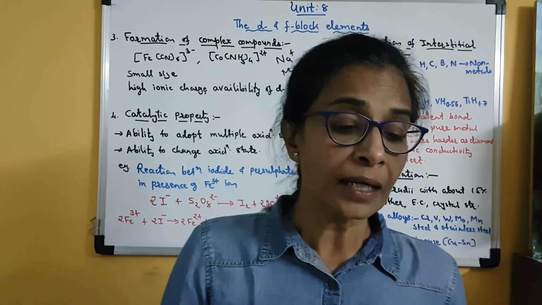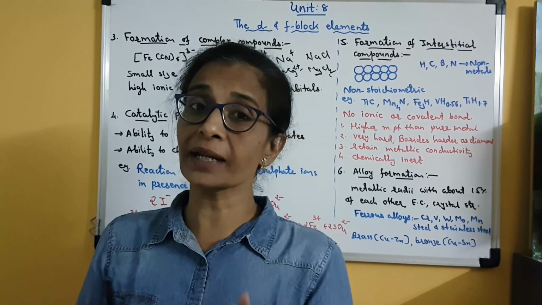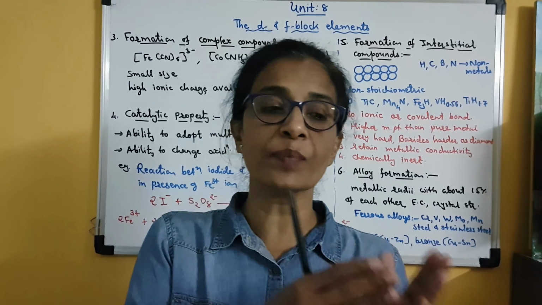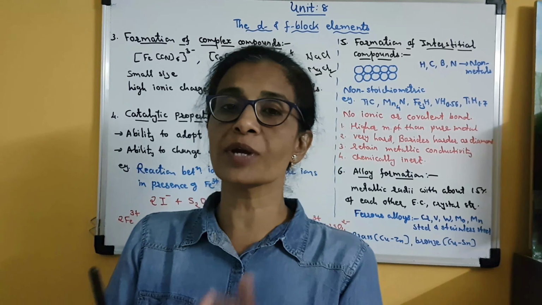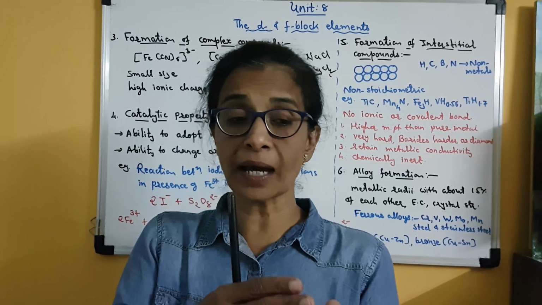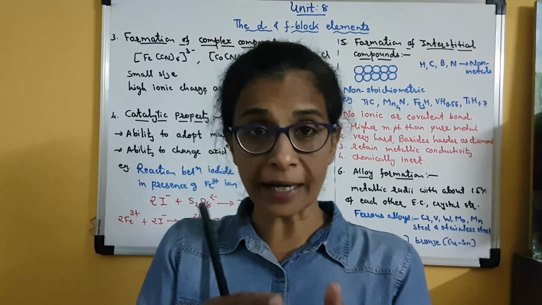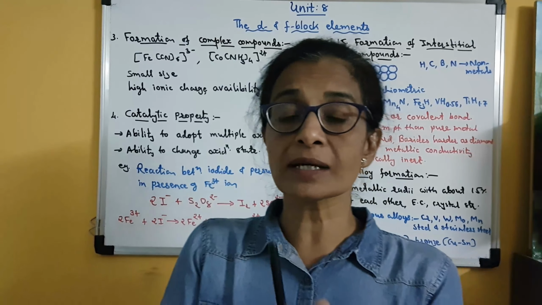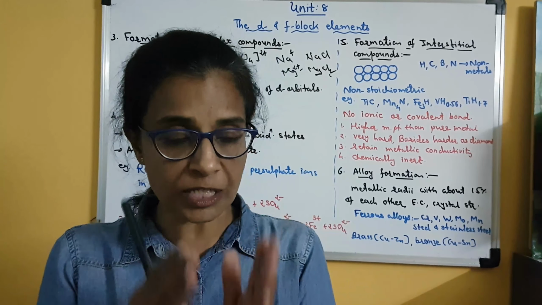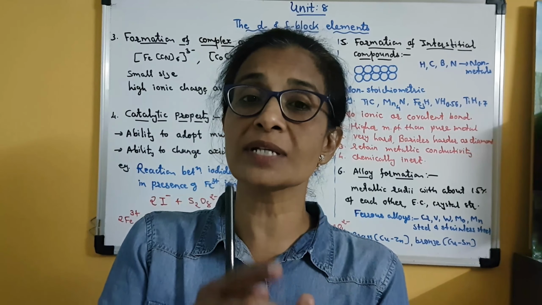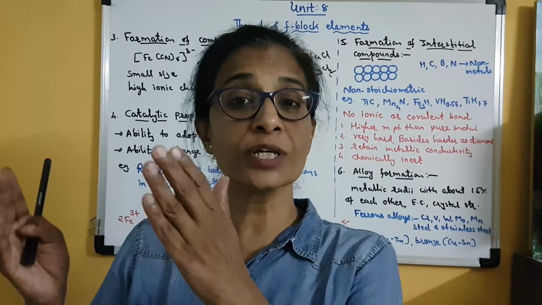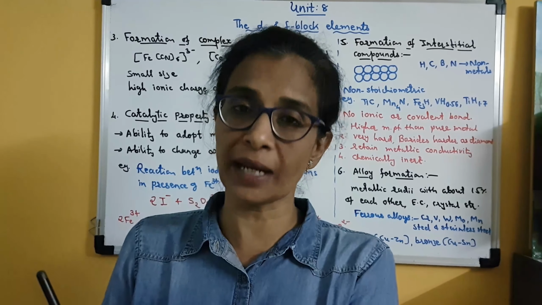Clear? Then in catalytic hydrogenation, for example when an alkene or alkyne is to be reacted with hydrogen, you must be remembering that we always write H2/Ni. So here Ni, nickel, is a transition element.